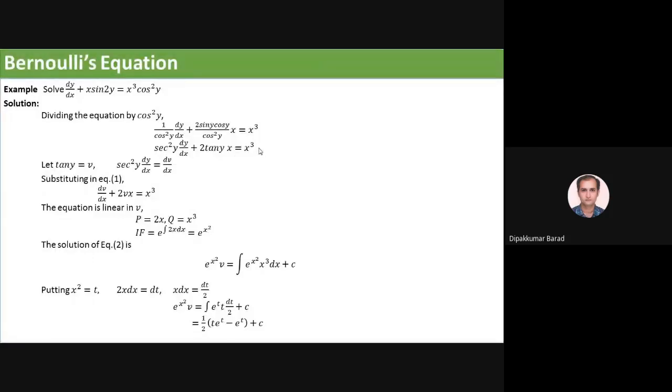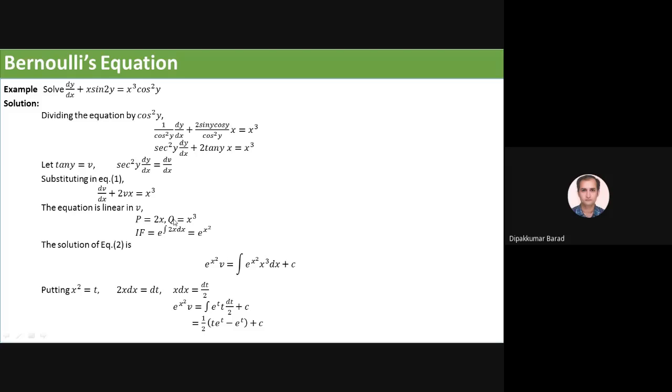So according to the method, we have to consider f of y equal to v. And so f of y is tan y, so tan y equal to v. And then if we take the differentiation, we get sec square y dy by dx equal to dv by dx. Now you have to substitute this in equation 1, and you get a linear equation in variable v.